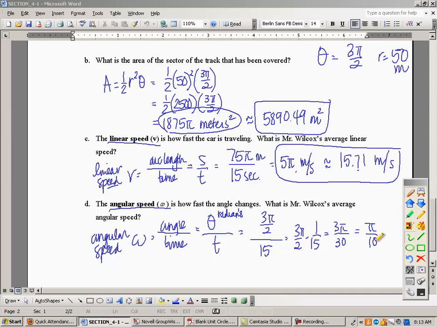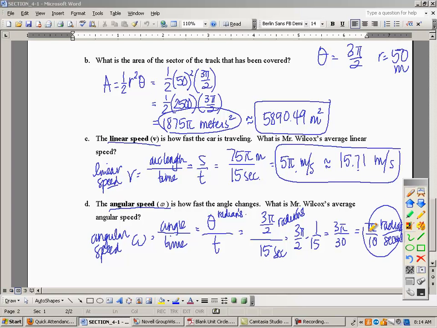And if I need a label, we said it's radians, right? Radians per 15 seconds. So radians per second. Okay, you could multiply that out. No, I don't have that decimal, but this is the idea.